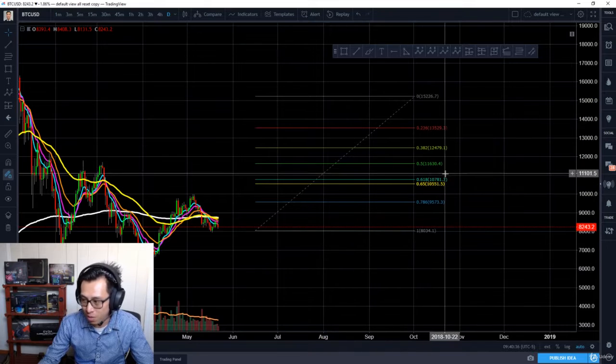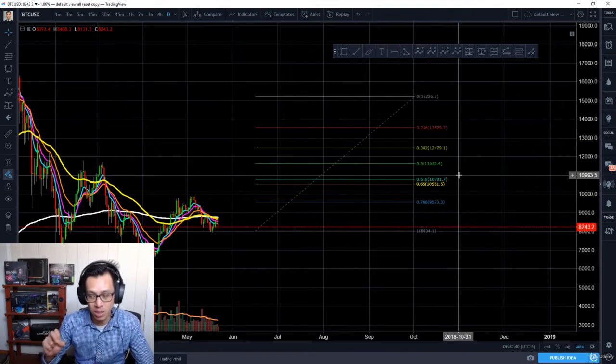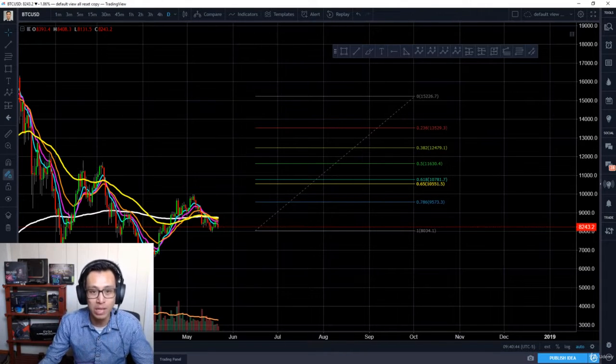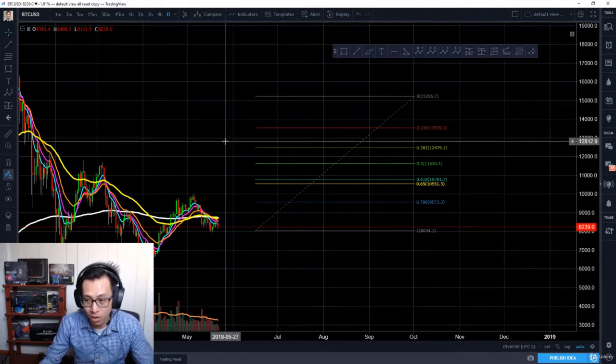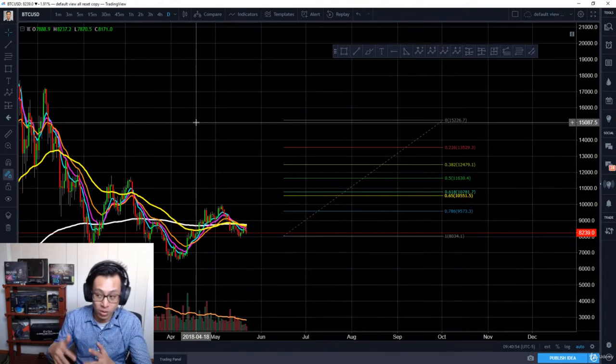So this number, the golden ratio, refers to 0.618, also known as 61.8%. That is probably the most magical number in the history of the Fibonacci retracement, okay? In all of the Fibonacci numbers, the golden ratio is derived by taking two numbers and dividing them by each other, which gives you that specific ratio.